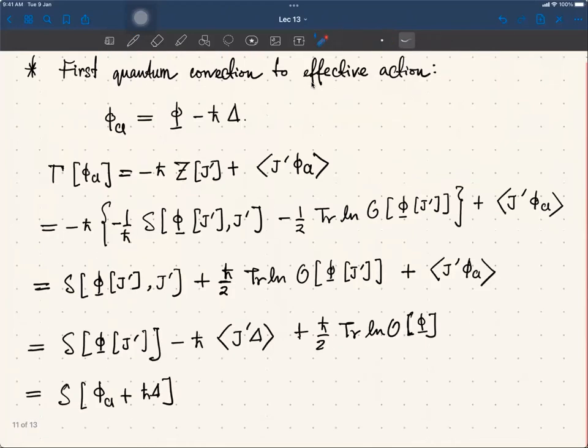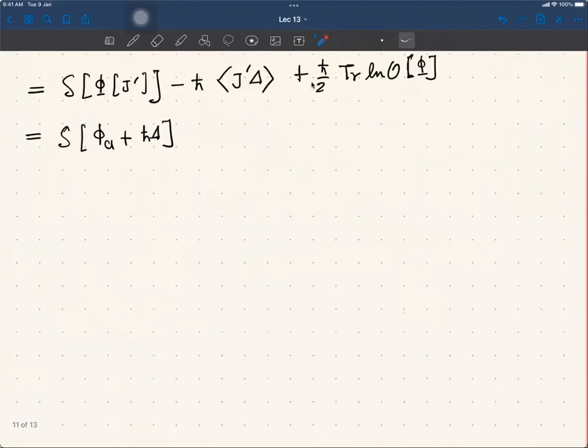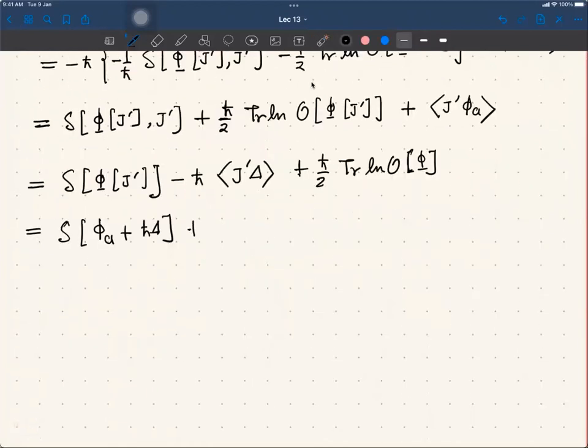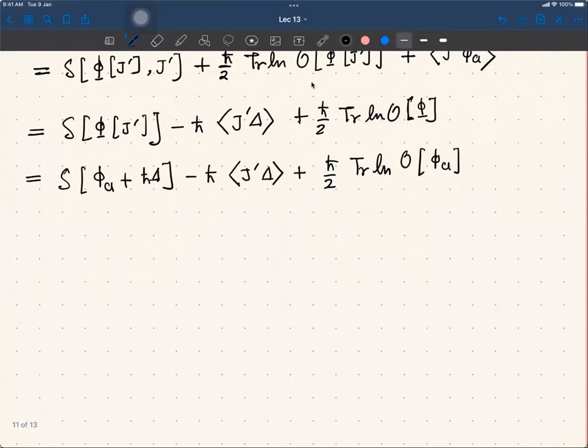According to this, phi CL plus h bar delta, and then minus h bar J prime delta plus h bar by 2 trace log O. We can replace phi lower bar by phi CL in the trace log term because the difference is higher order in h bar, and it is already linear in h bar.